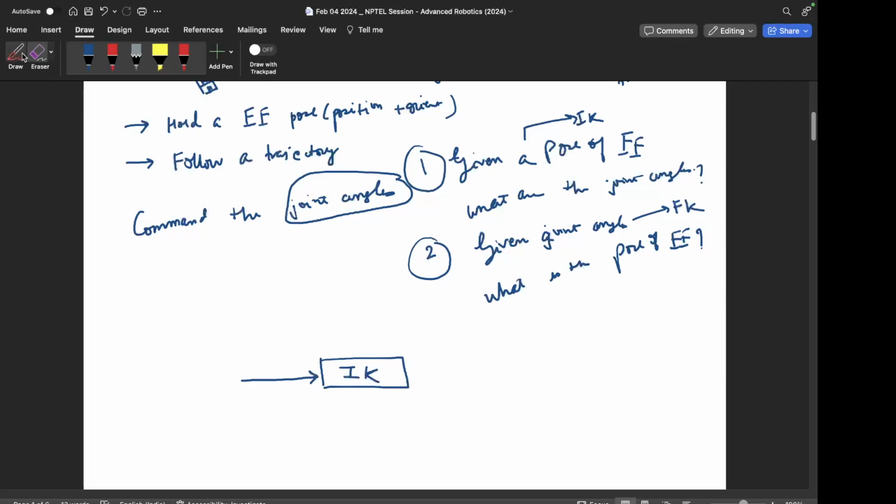So IK takes the end effector position, let me draw it as the X vector, and gives the joint angles. And the forward kinematics block does the reverse. It takes in the joint angles and gives us the pose of the end effector, right?